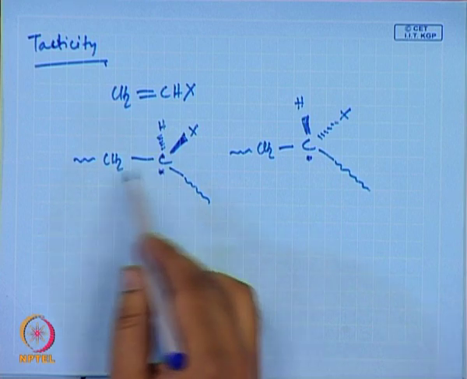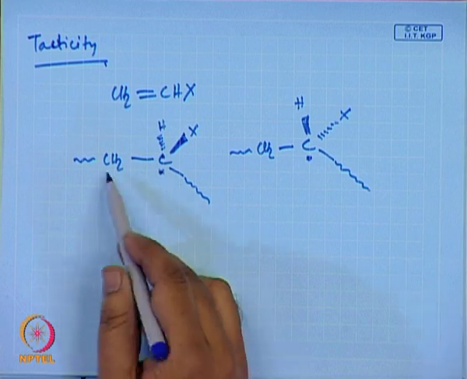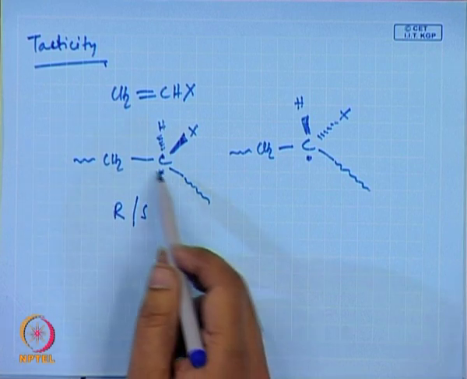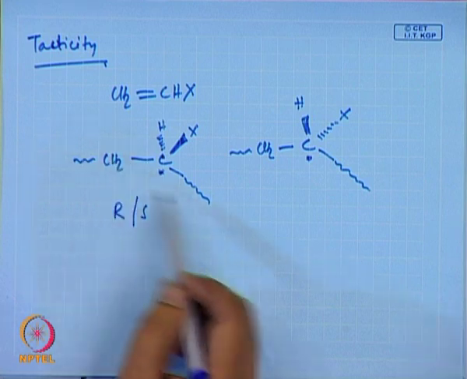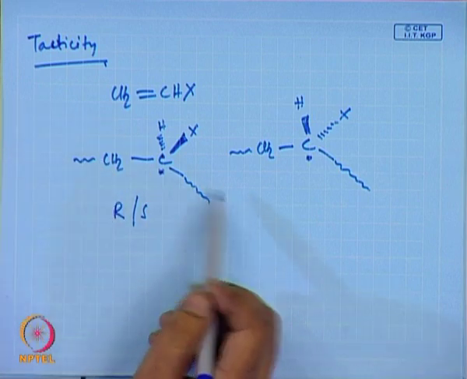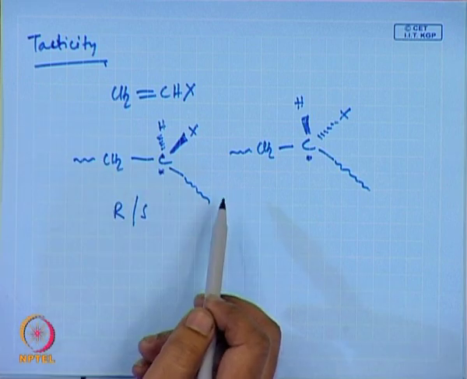Now, you can name whether it is R and S. That will depend upon which gets priority, whether this one or this one. That will depend upon which has higher length, whether there is a functional group or not.